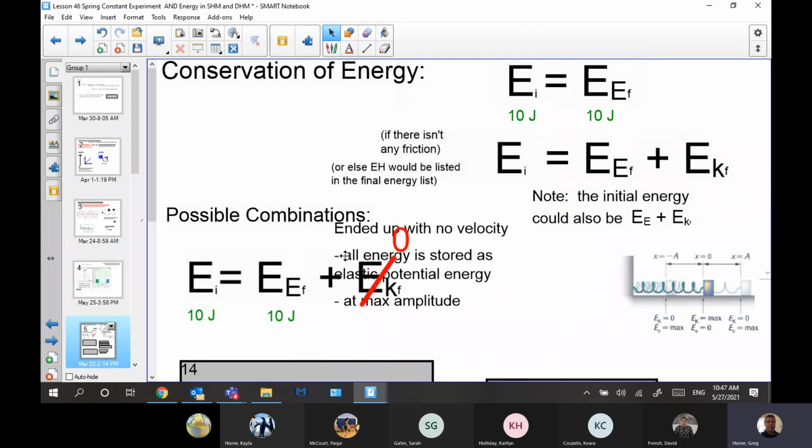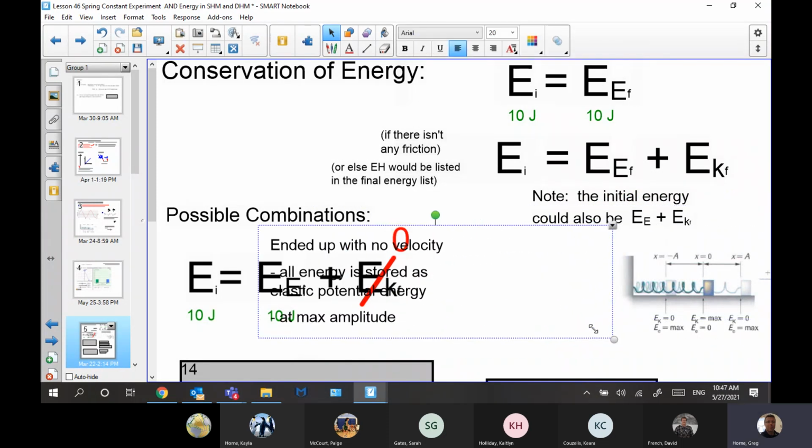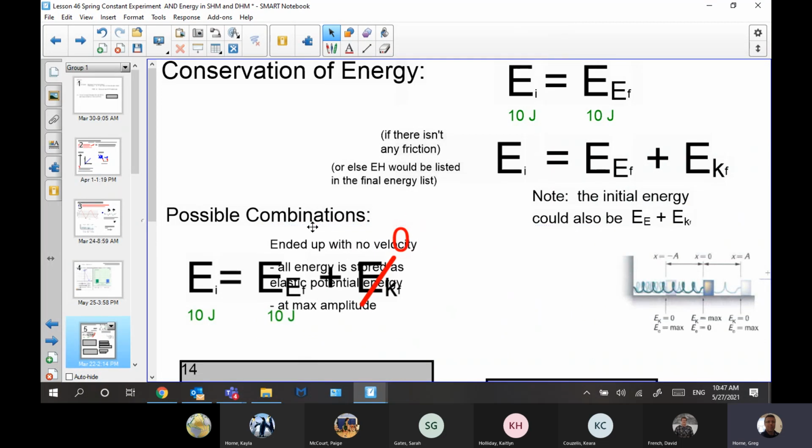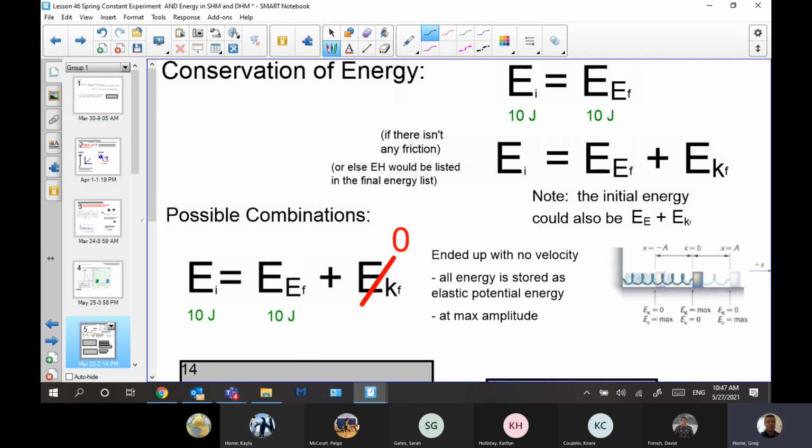My text box is large. It's hard to shrink it down. There we go. Anyway, I just wanted to give the picture to help communicate what we're talking about, right? We're talking about these two spots right here, at full compression and at full stretch.